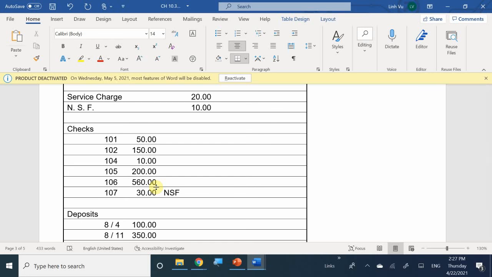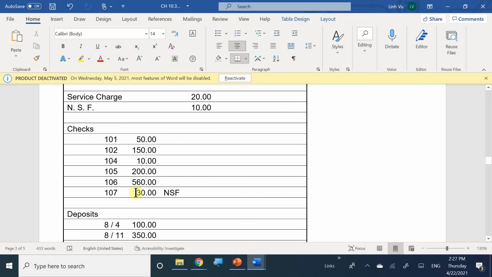Now, if that check were to bounce back, you not only will get an NSF fee, you're more likely to get a return check bounce check fee, and then you're going to get the check amount that you were bounced back for. But in this case, this NSF check that I wrote, it cleared because it was such an insignificant amount. All right.